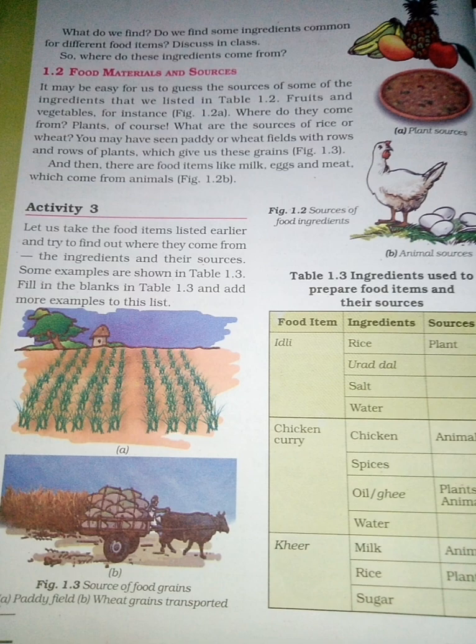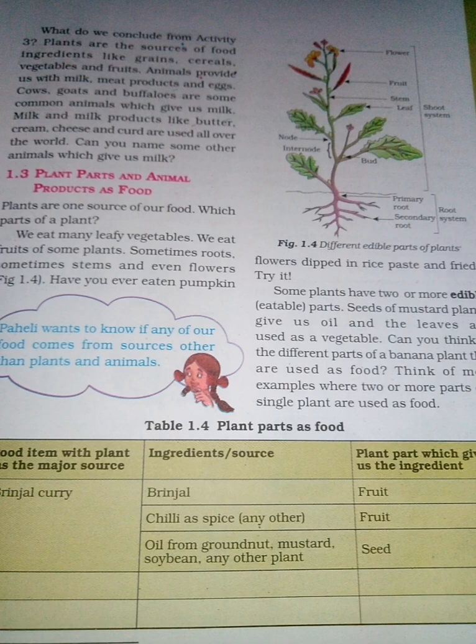To prepare kheer we need milk, rice, and sugar, and the sources are animal and plants. So we have different varieties of food, and the sources of the materials used to prepare any food dishes are generally two, the plant and the animal.